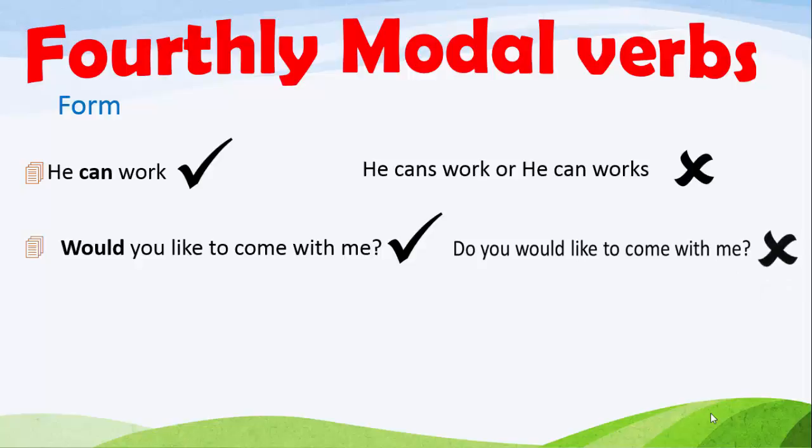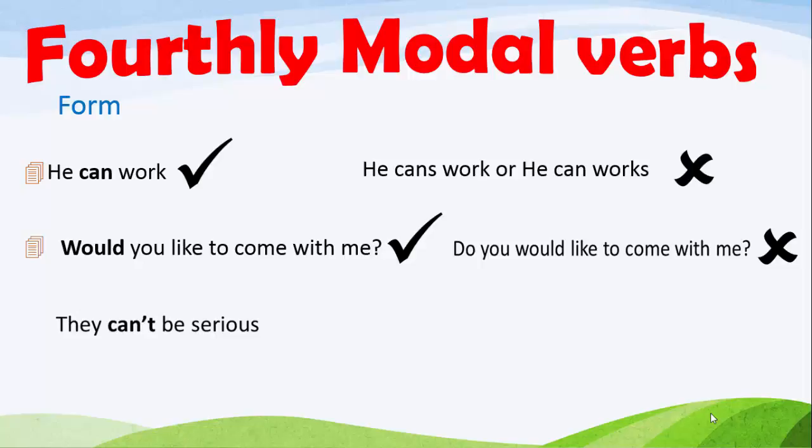This is not correct at all, because you cannot use two auxiliary verbs in one question. Do is an auxiliary verb, would is an auxiliary verb. Because of that, this is not correct. The correct question must be, would you like to come with me? Just one auxiliary verb.